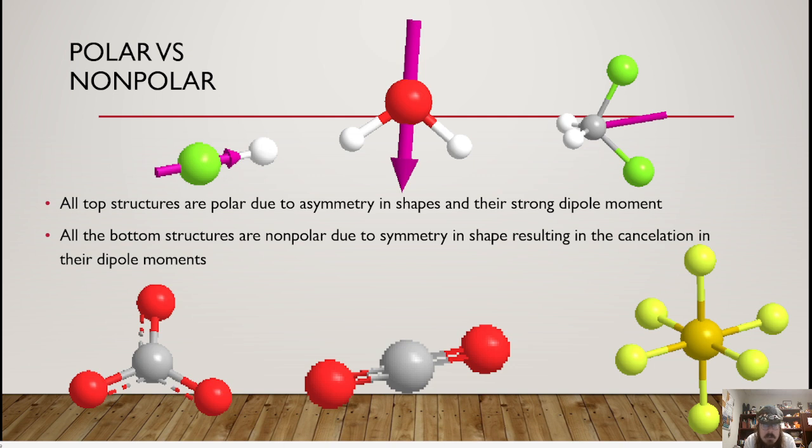So the first structure is HCl. The H is far less electronegative than the Cl, and so in a perfectly linear molecule, the Cl does not have anything opposing it on the other side, and so the electrons of the H get pulled towards the Cl.